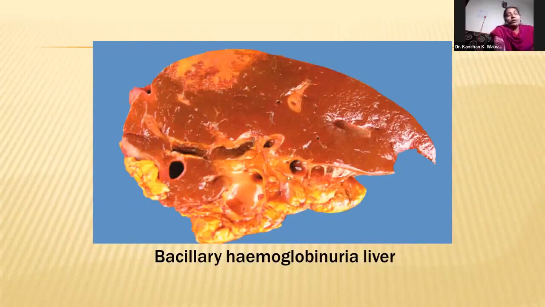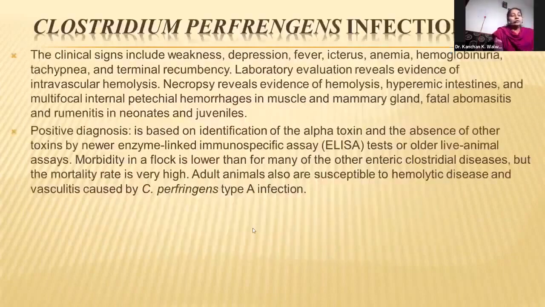hemoglobinuria affected liver. Another organism in the same group, that is Clostridium, is Clostridium perfringens. So here also you can see hemolysis, intravascular hemolysis. As there is hemolysis, the signs associated with a reduced amount of hemoglobin in the blood are icterus, then anemia, tachypnea, and the animal will be very weak, depressed, and there will be recumbency.